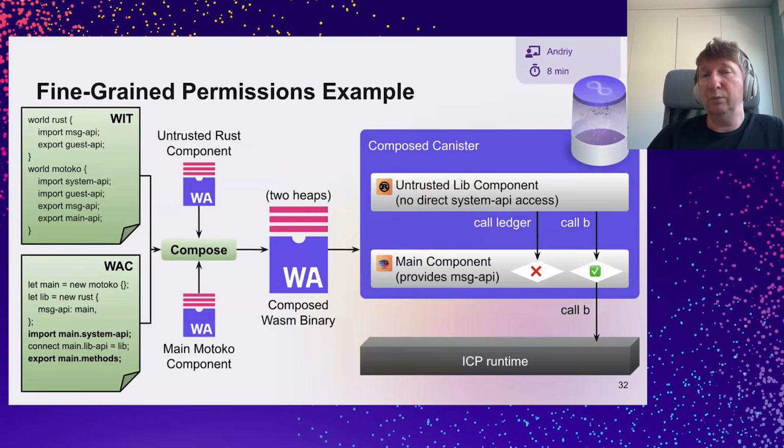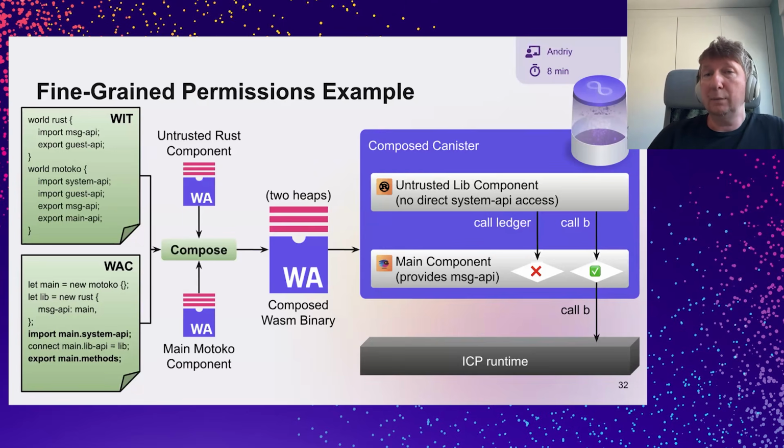The main component provides a virtualized messaging API to the library component, so the main component acts as a proxy. For example, a call from the library component to the ledger canister would be rejected by the main component, but a call to a canister B would be forwarded to the ICP. The result is powerful, fine-grained control over all component permissions.